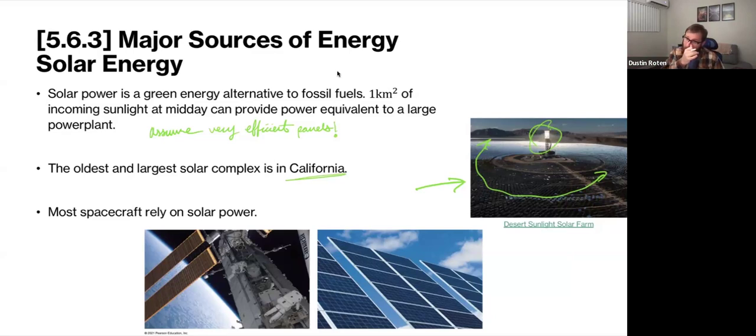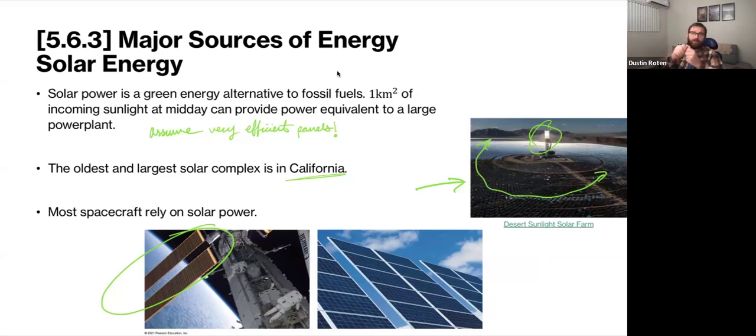But in addition to solar farms like this starting to pop up, we've been using solar power for a long time because spacecraft, the satellites I use at my job at JPL, are solar powered. You can see here on the International Space Station, they rely a lot on solar powered sails that they can retract if they need to.